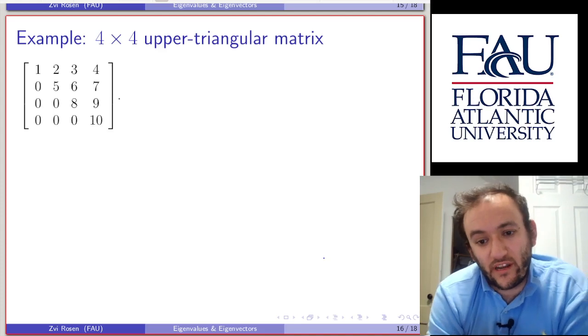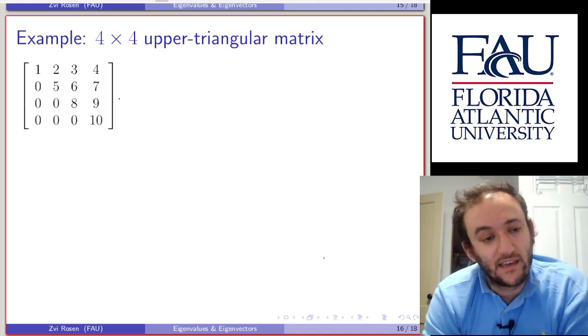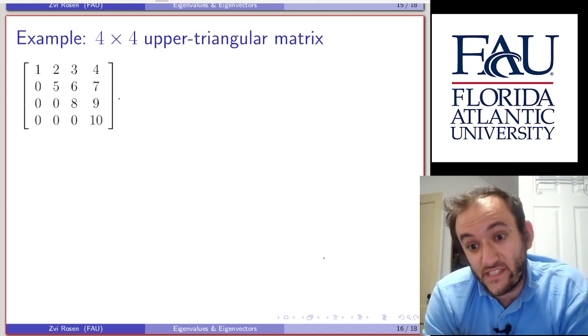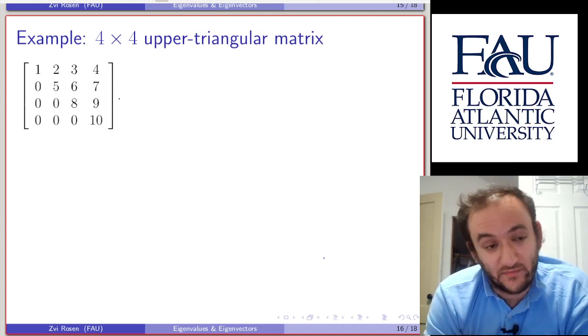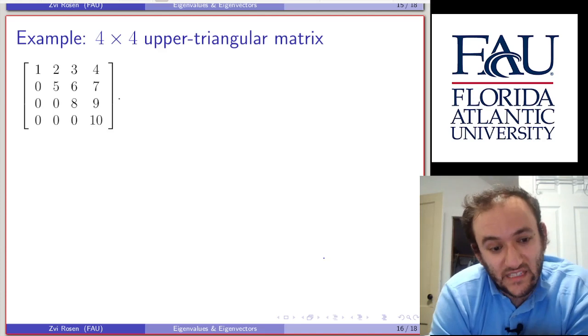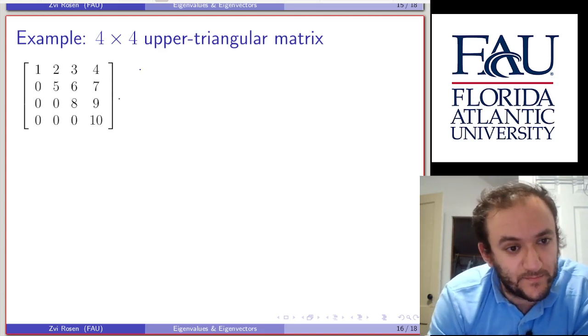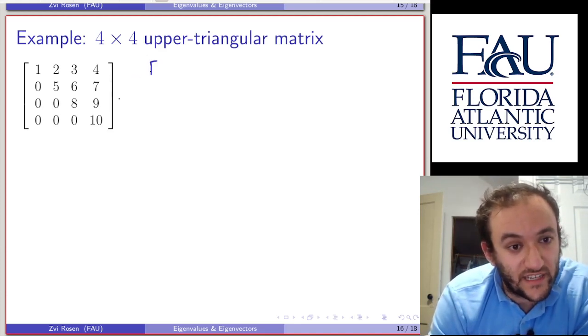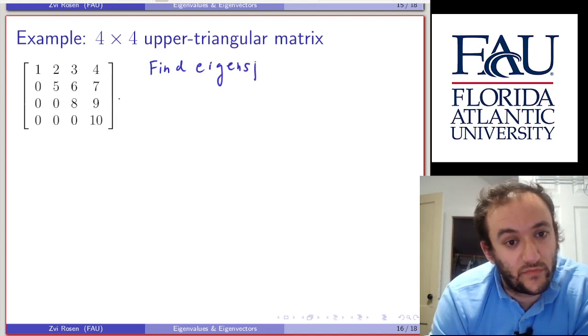We saw before an upper triangular matrix and how all of its eigenvalues are on the diagonal. That makes it seem very simple, but then when you're actually trying to compute the eigenspaces, it gets a bit more complicated. So let's find eigenspaces for each eigenvalue.